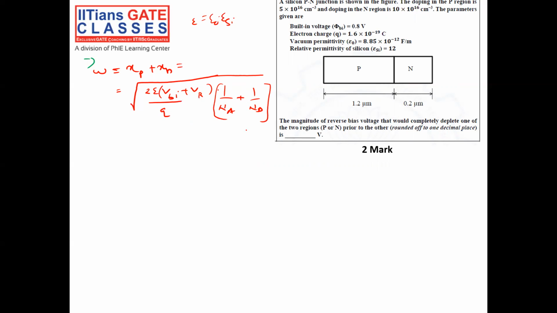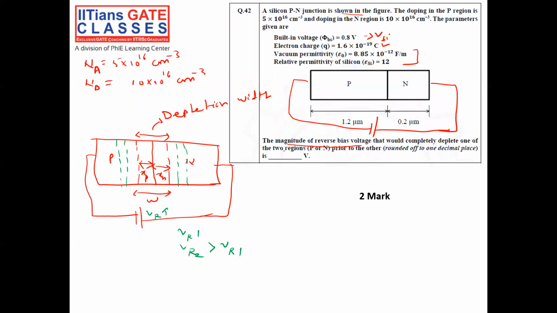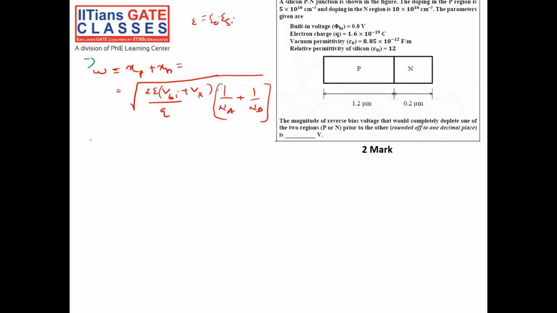And also we know the total charge exposed on the N side and the total charge exposed on the P side are the same. So the total charge on the P side is Na into XP into area, and the area is the total area into the board.